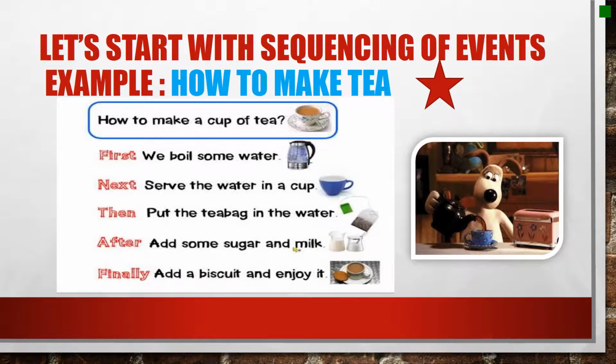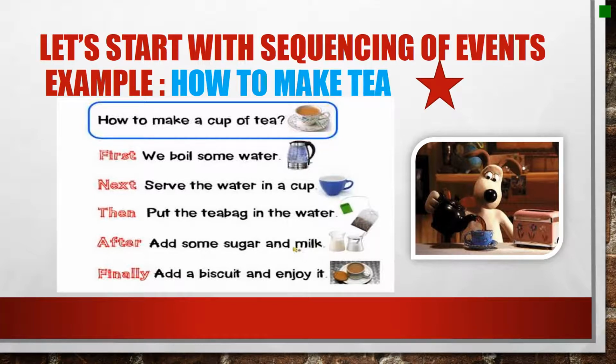Let's start with sequencing of events for an example. How to make a cup of tea. Look at Gromit there. Gromit, you remember Gromit. Gromit's making some tea. So how do we make it? First, we boil some water. Next, serve the water in a cup or pour the water in a cup.